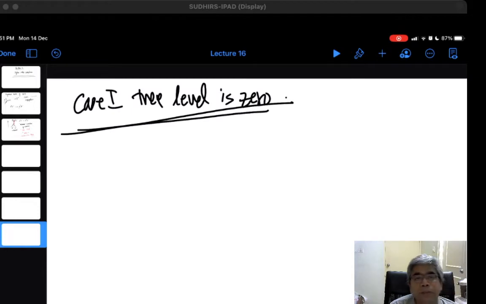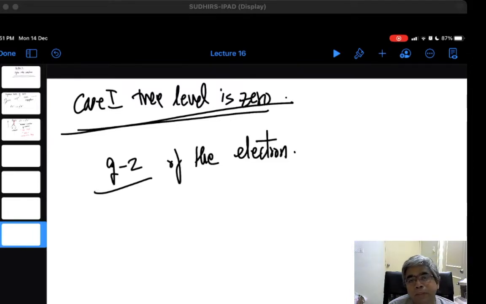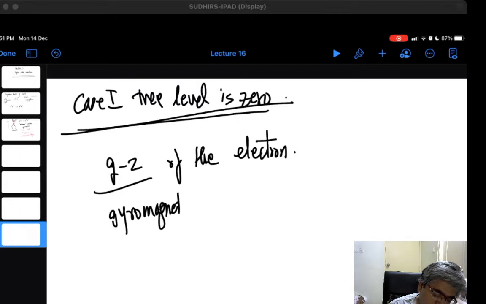So in this case, what are the things which are interesting? The most important, very precise calculation where the tree level is 0 is something called the g minus 2 of the electron. The tree level calculation of this one is 0 essentially. The g minus 2 of the electron is the gyromagnetic ratio of the electron.